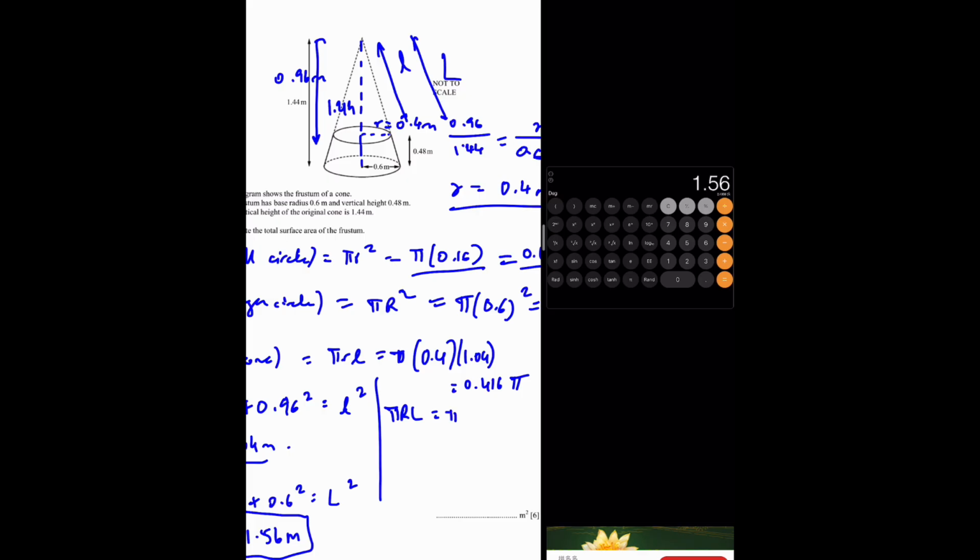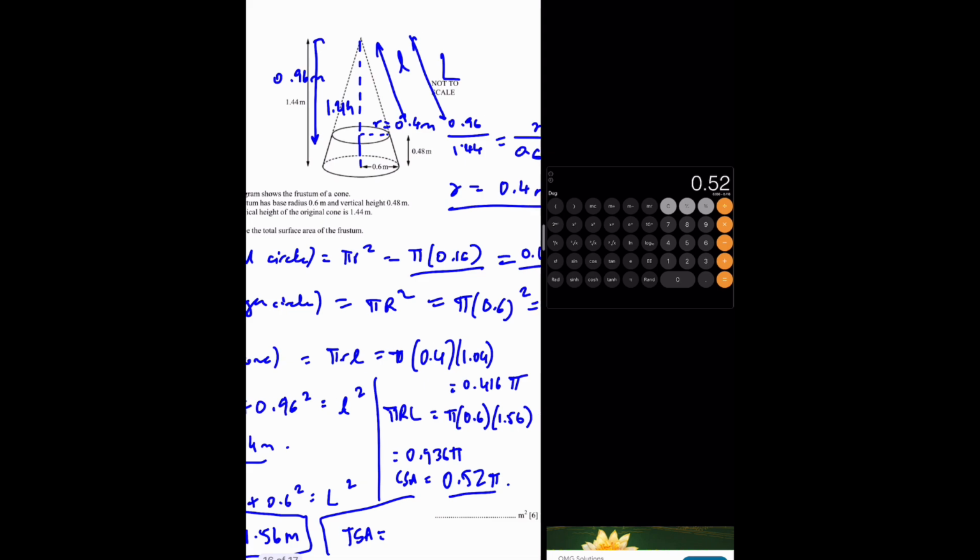That's pi times 0.6 times 1.56, and that's just 0.936 pi. So the curved surface area of the frustum is going to be equal to this minus 0.416 times pi. So there's going to be 0.52 pi.